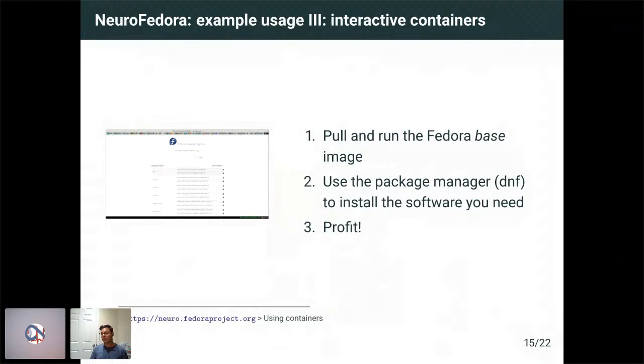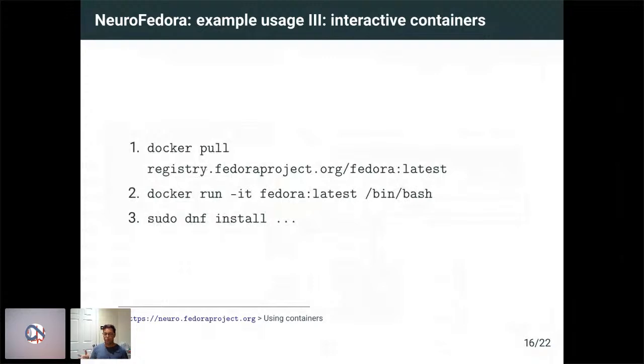And what that means is that instead of installing a completely new system using the installer Linux ISO image, if you have Docker or Podman installed, all you really need to do is pull the Fedora image, right? You pull the Fedora container image, you can run it interactively using Docker or Podman, and then you can proceed to use it as you would a normal system.